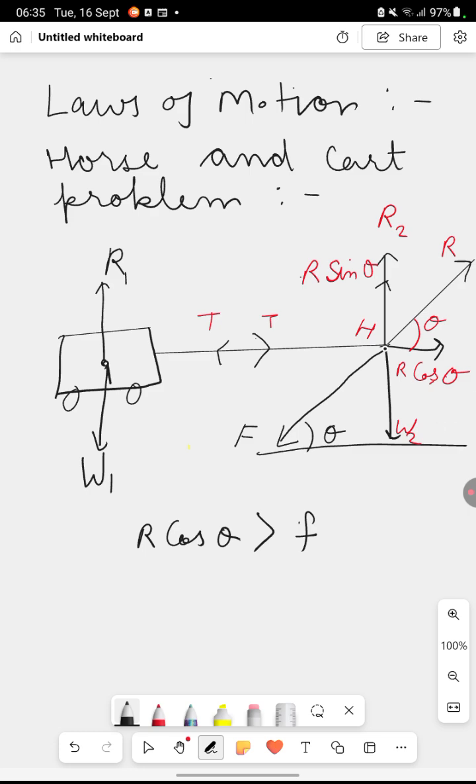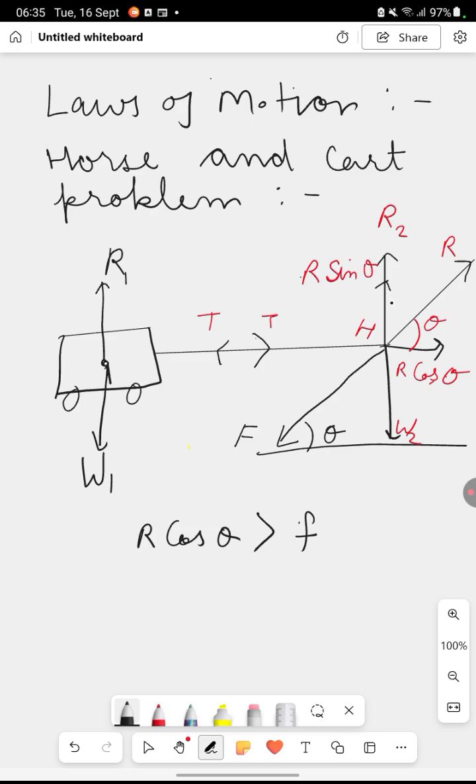Here is the horse, its weight is W2 and its reaction force is R2. Our friction force exerted on the feet of the horse is F. Its reaction force is R. R is resolved into two components, R cos theta and R sin theta.